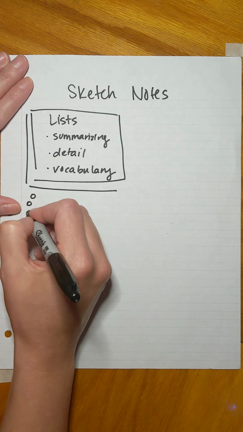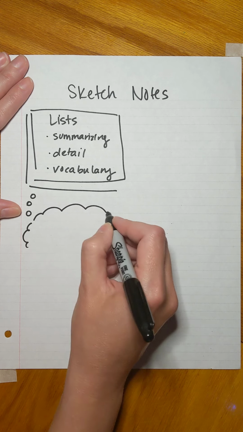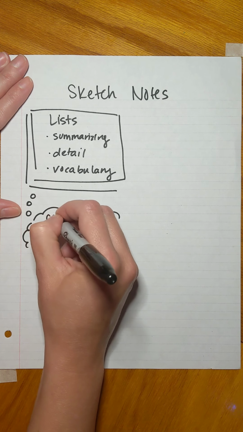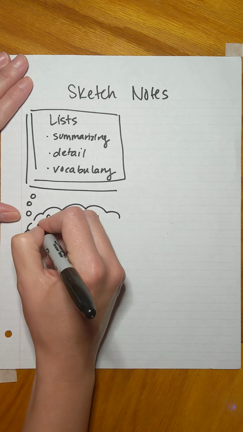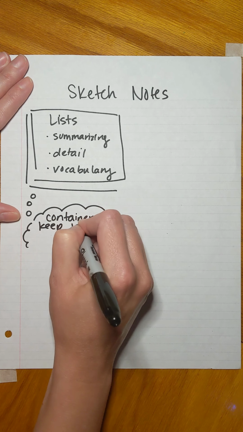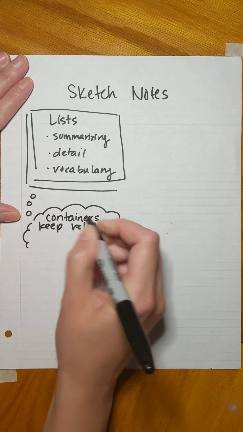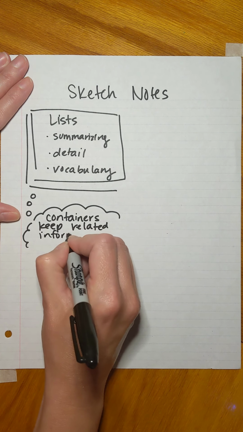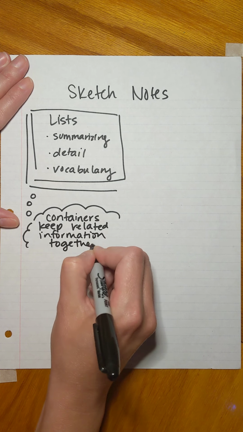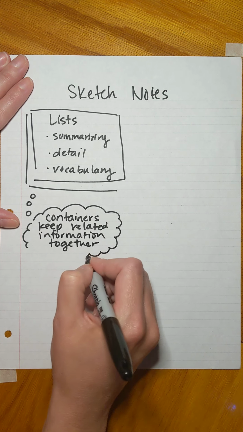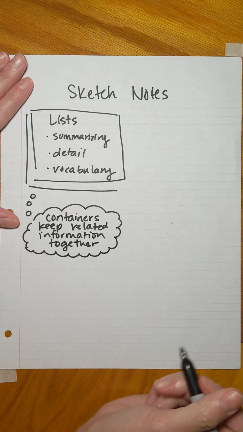Why would we do that? We might do that because these containers will keep our related information together. So if we want to sort of think about things in groups, we might put them in a little thought bubble.